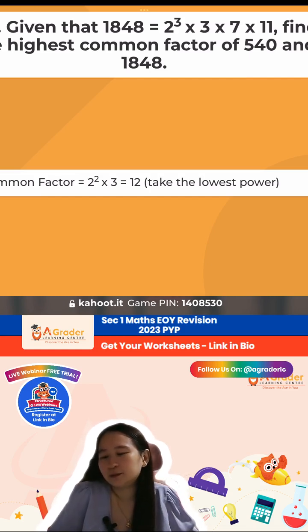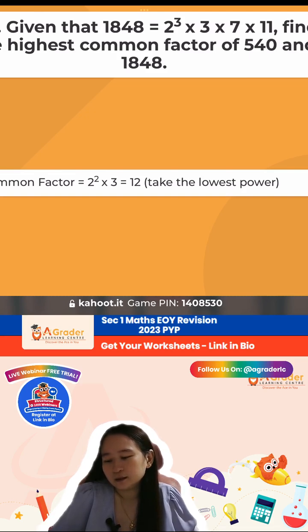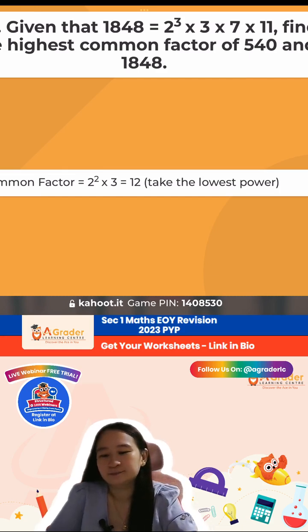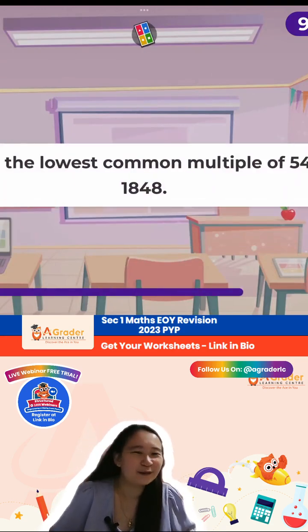So knowing that 1848 is 2 cubed times 3 times 7 times 11, the highest common factor between 540 and 1848: the lowest power of 2 is 2 squared, the lowest power of 3 is 1. That's why we take 2 squared times 3. That's the difference between highest common factor and lowest common multiple. If you are finding the lowest common multiple, then you will take the highest power. I already gave you all the hint just now.